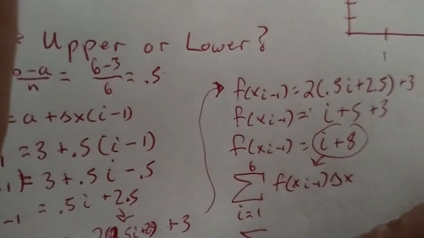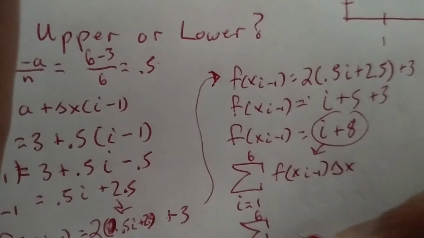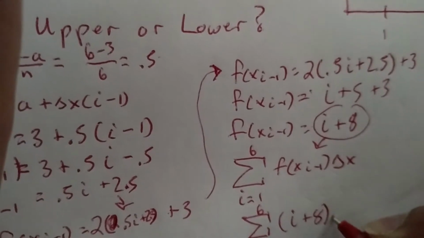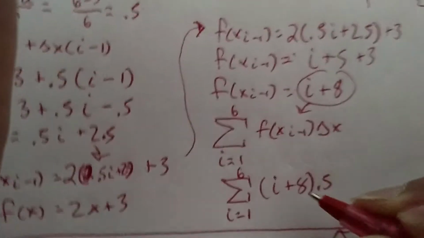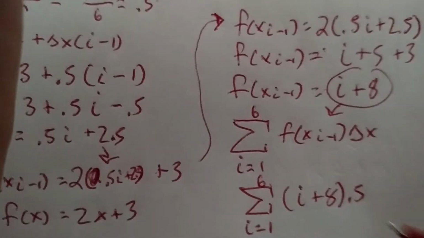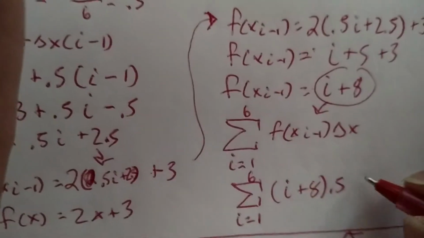Well, no, it won't stay the same. What was the delta x? It was 0.5, yes. All right, now don't distribute that, okay? Just trust me. So now all we have left to do is plug in 1, 2, 3, 4, 5, 6 and add everything up.